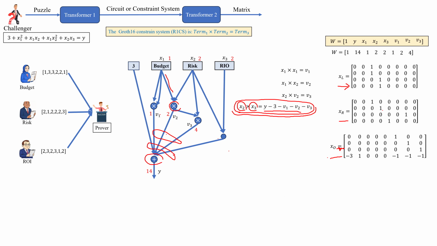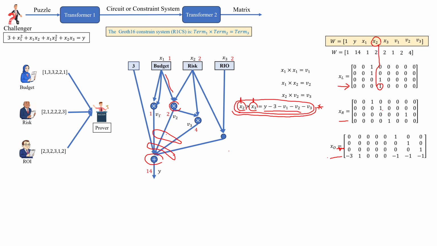So since this is the real description of gate 4, based on this description, we see that the left input is X2. So that's the reason I'm going to replace the value of X2 by 1 in the matrix of XL, which is the left input of the gates.